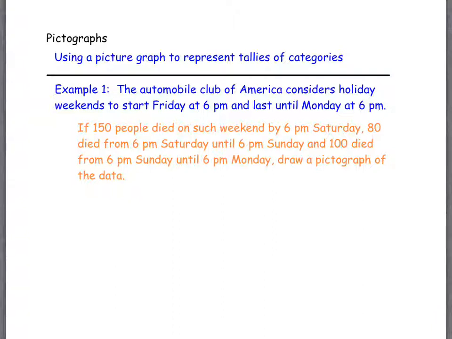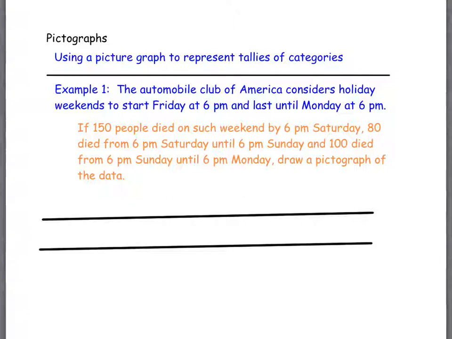Let's actually start with a couple of things. The first thing to remember about a graph is that graphs have names. Before we're all said and done, we're going to have to name our graph, give it a title. The other thing to notice is that you need to indicate any kind of scaling you do. For instance, if whatever picture we draw in our pictograph represents more than one, we need to have a key that says, little square box means 10 people or whatever.